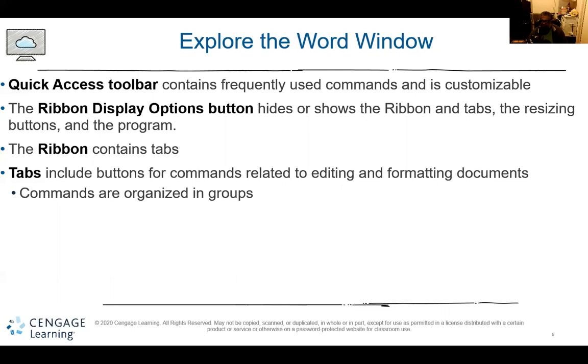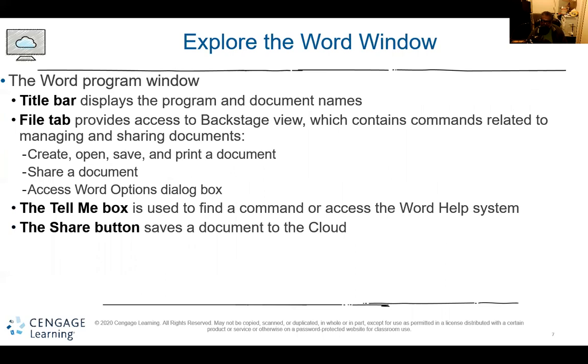Tabs include buttons for commands related to editing and formatting documents. Commands are organized in groups. The Word program window has a title bar that displays the program and the document's name. That's going to be at the very top of your Word window itself.